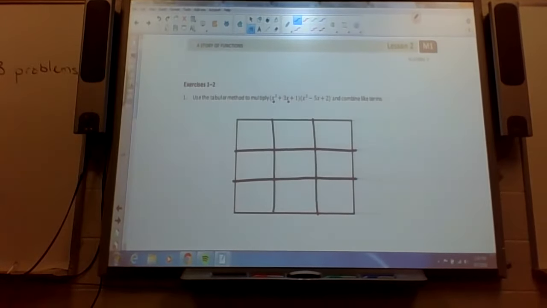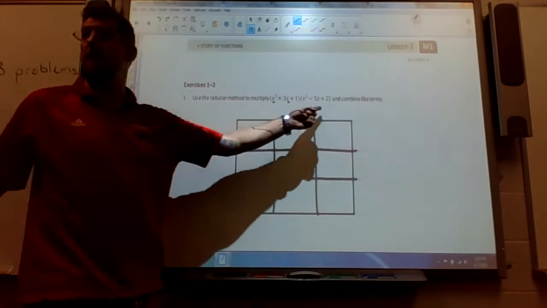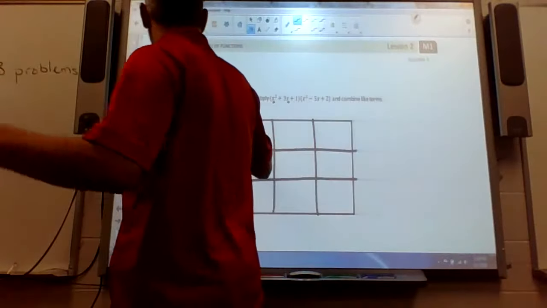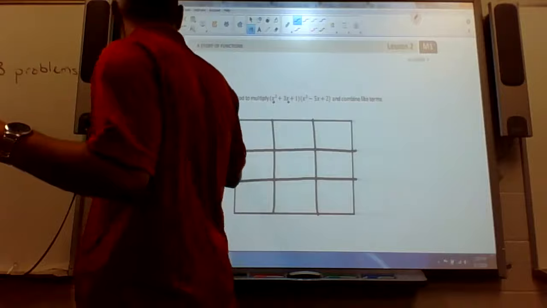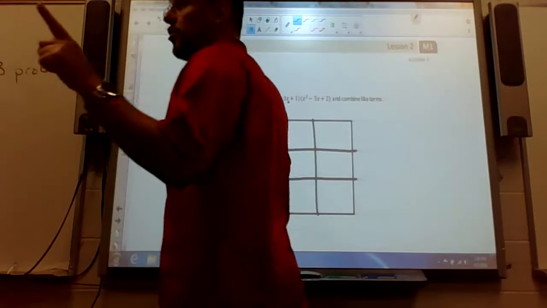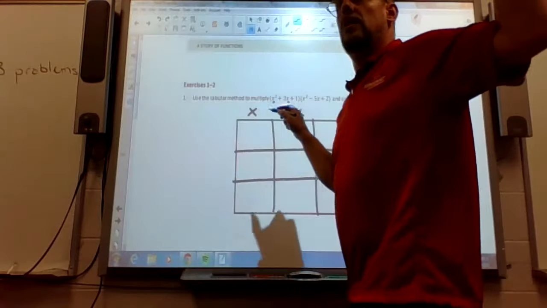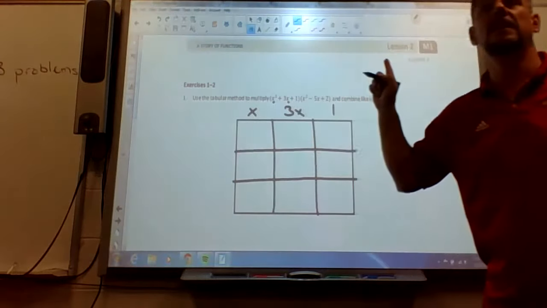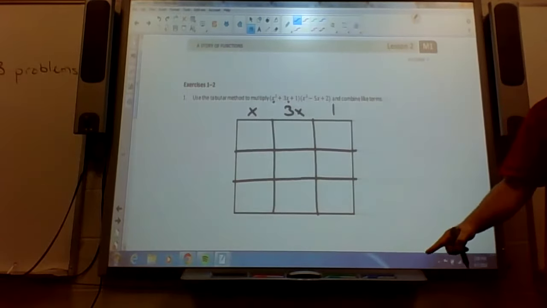Camden, what did you put on the top of your Punnett square? Sorry, bud. X squared, 3x, and lastly, 1. All positive? All right, cool.